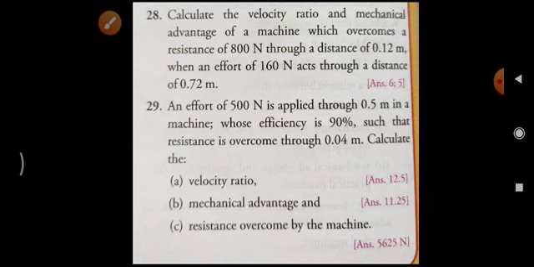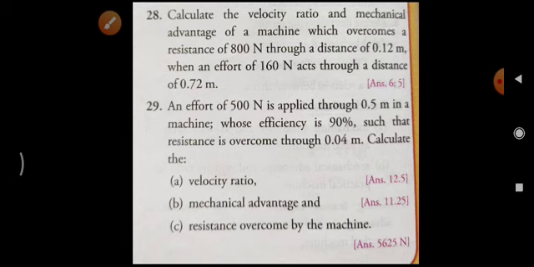It is not given. Then what is the question asking? Calculate the velocity ratio, then mechanical advantage and resistance overcome by the machine. Resistance means what? As I said, resistance means the load of the body. Okay. So, let us start this one.